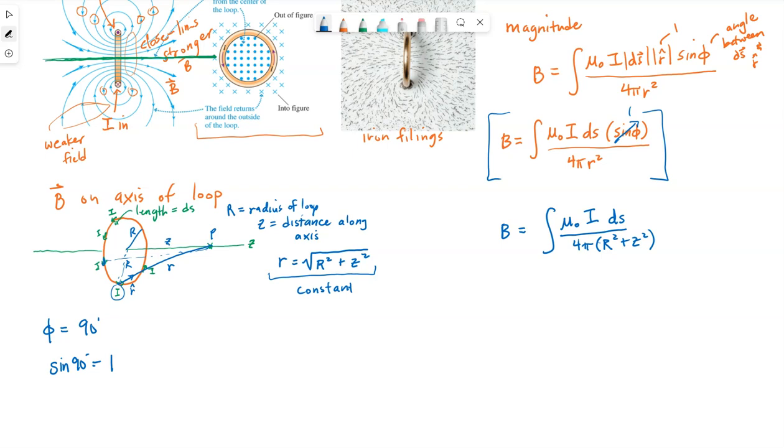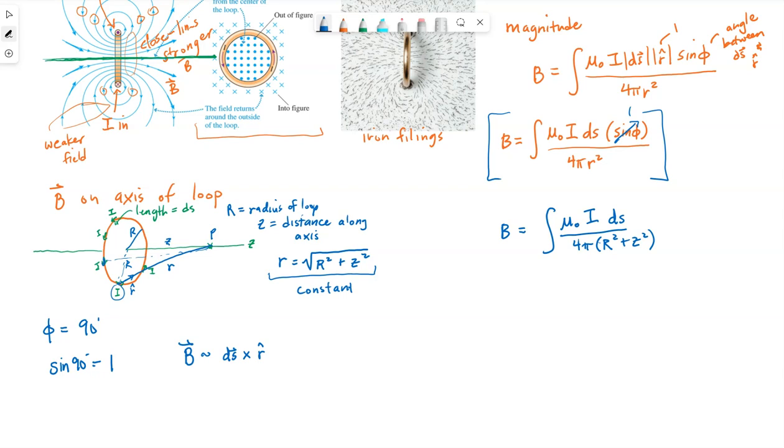The magnetic field does have a direction associated with it. I don't know if you recall, but in a cross product equation, which we have, when we are saying the magnetic field vector, the direction is determined by the cross product of ds crossed with r hat.